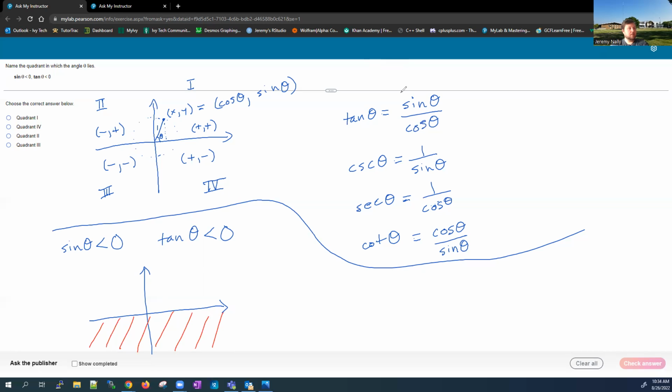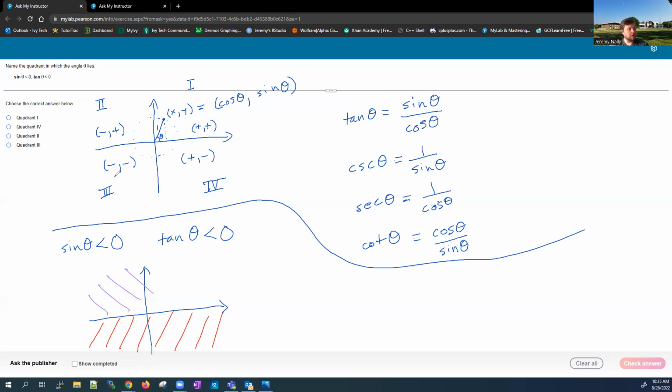Now, when it comes to tangent, so tangent being negative, so tangent is sine over cosine, right? So if I have in the first quadrant a positive divided by a positive, I get a positive. The second quadrant, I have positive divided by a negative, so that gives me a negative. So tangent is negative in the second quadrant.